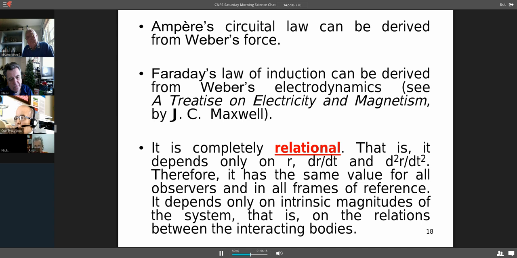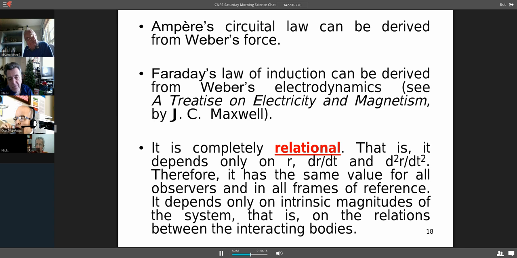Therefore, Weber's force has the same value for all observers and in all frames of reference. It depends only on intrinsic magnitudes of the system, that is, on the relations between the interacting bodies.